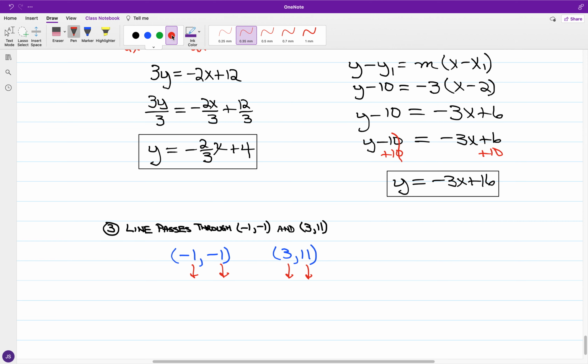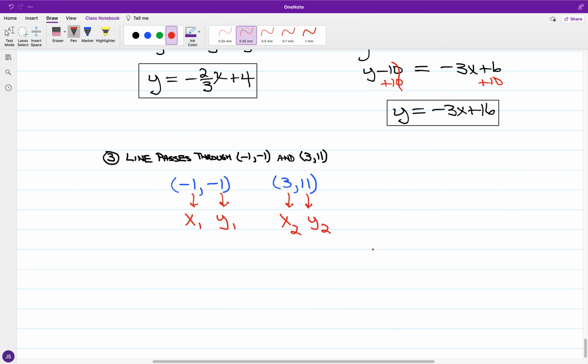We'll go ahead and identify the x's and y's. Since we have -1, -1 given first, we'll designate that for x1, y1, and have 3, 11 to be representing x2, y2. But if 3, 11 had been given first and -1, -1 subsequently, it's still going to be the same slope.